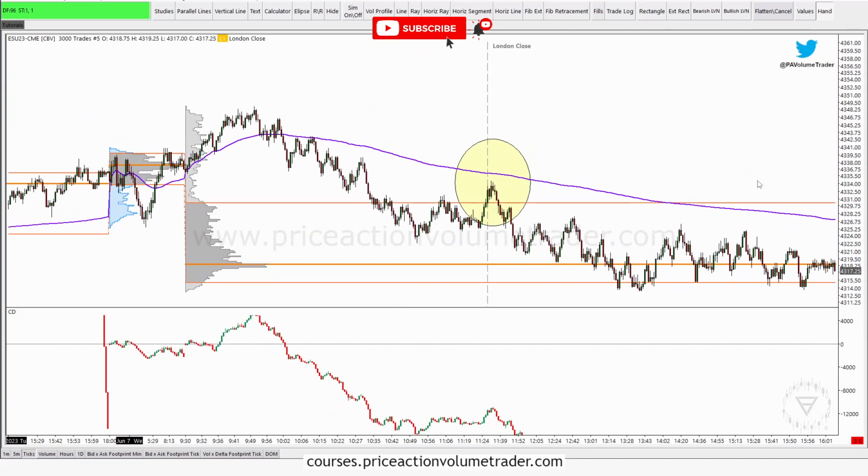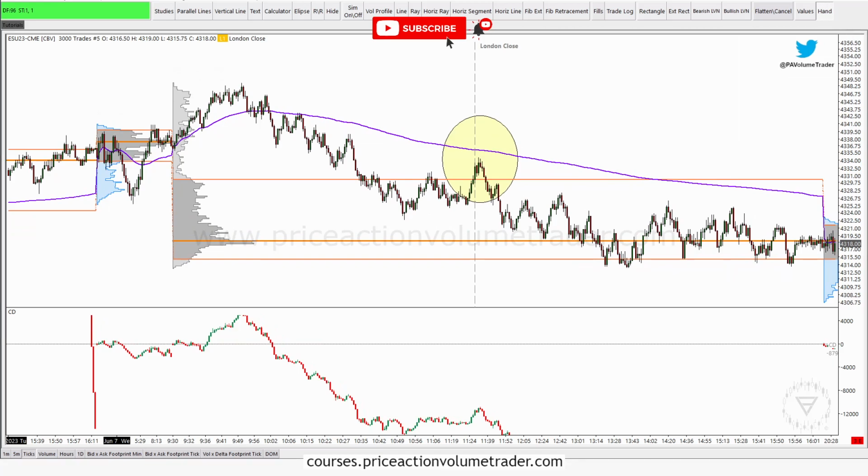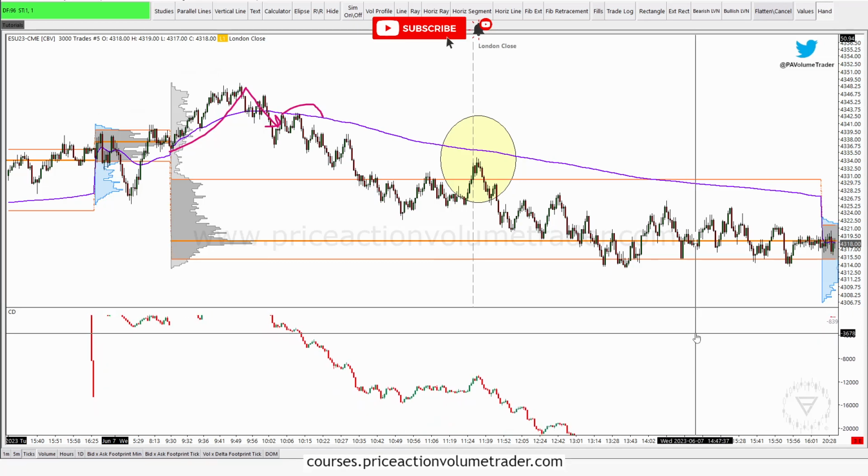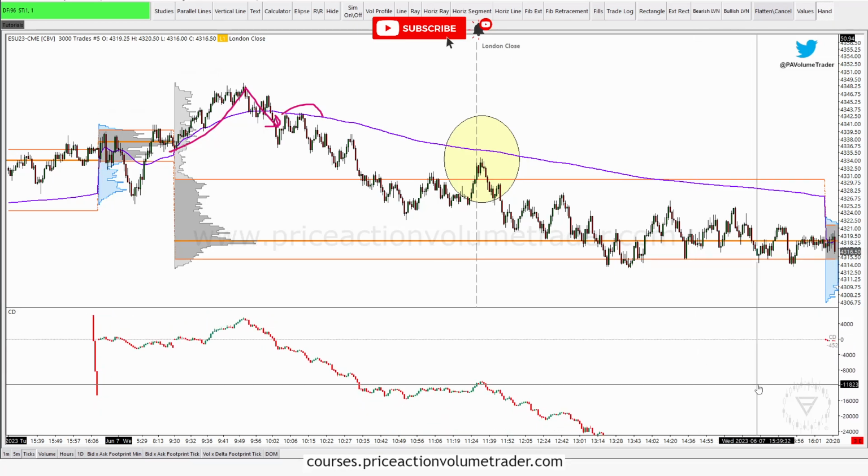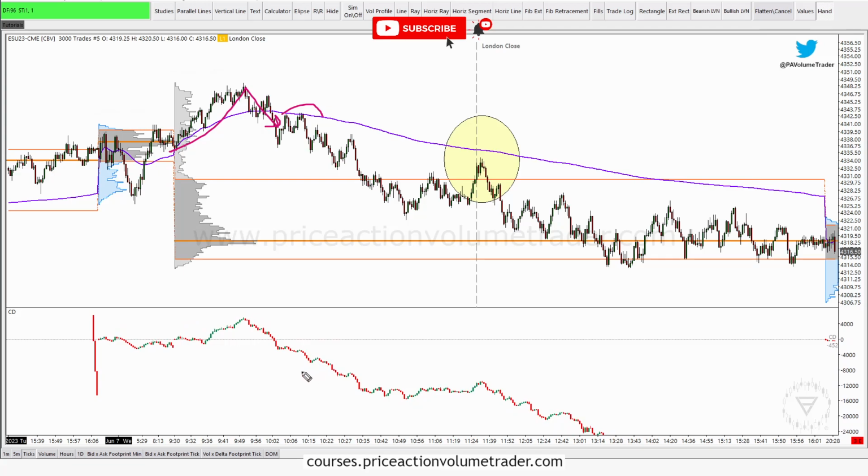Right here you can see price, we opened, pushed up, and then a reversal. We got back below VWAP and rejected VWAP. The cumulative delta is heavily negative for the day, pretty much almost right from the beginning.